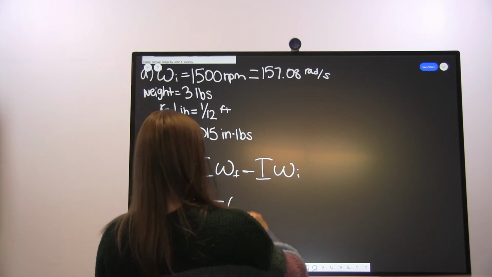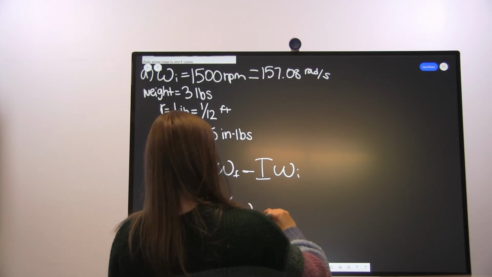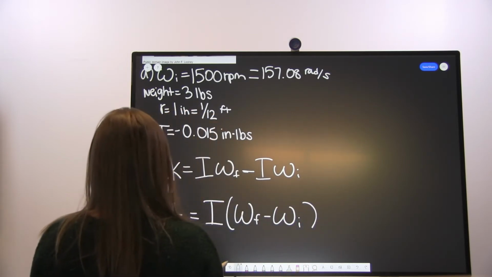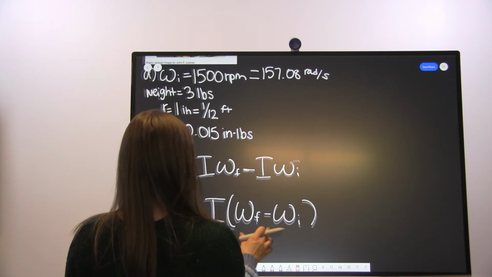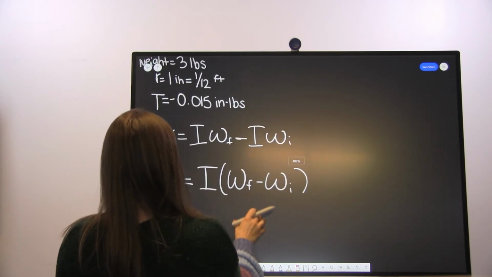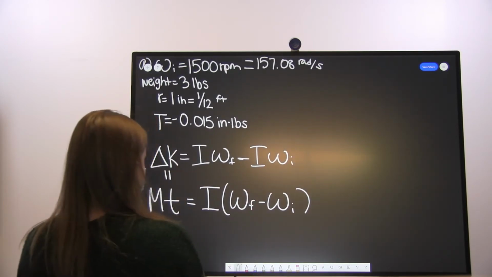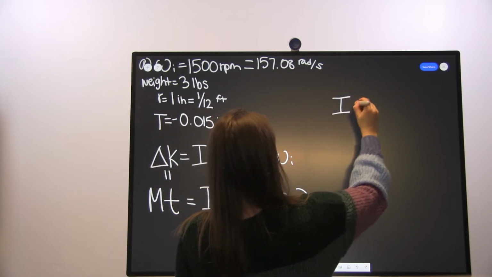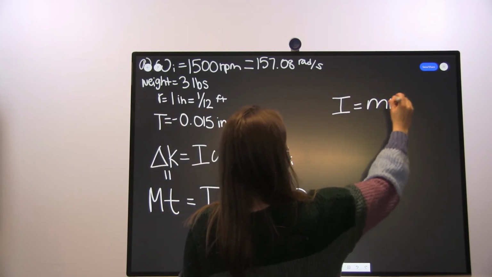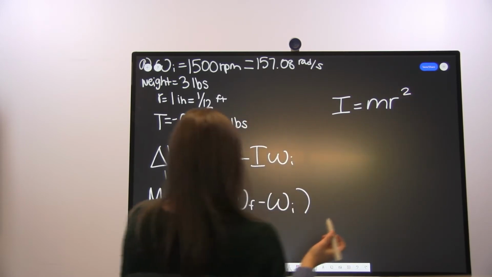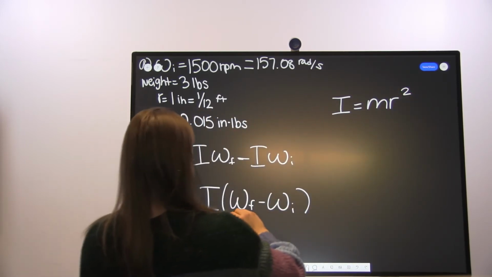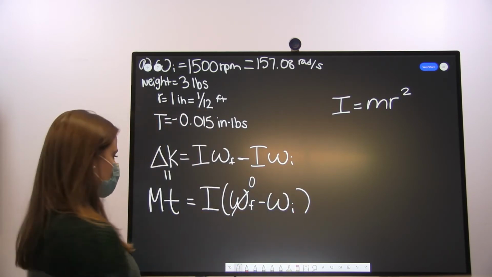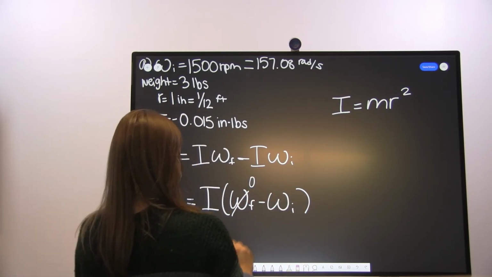We can pull that out front, and it'll leave us with our final angular velocity minus our initial angular velocity. So our I value that we're using for this case is equal to m r squared, and our final angular velocity is going to be 0 because it's coming to a stop.